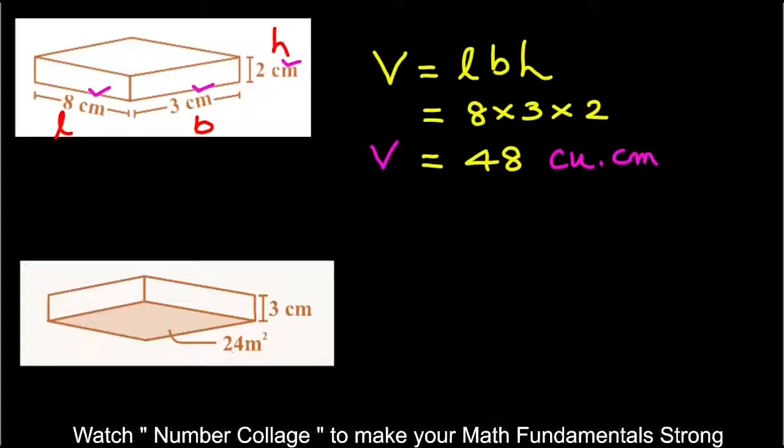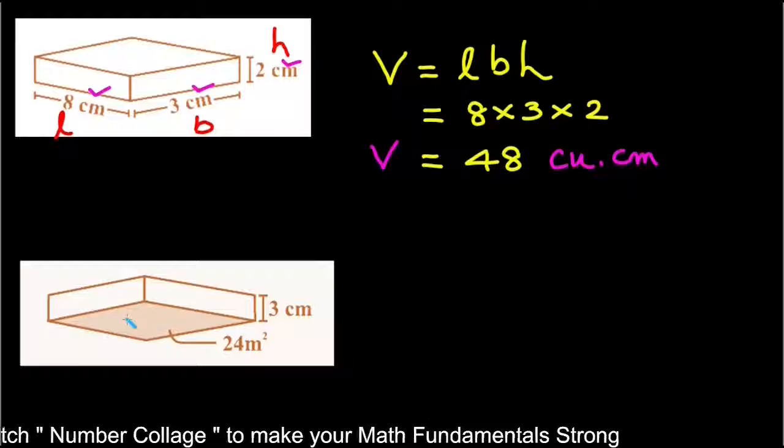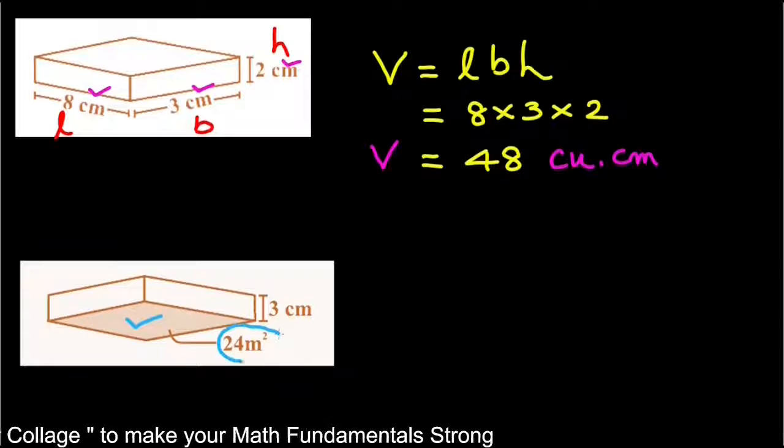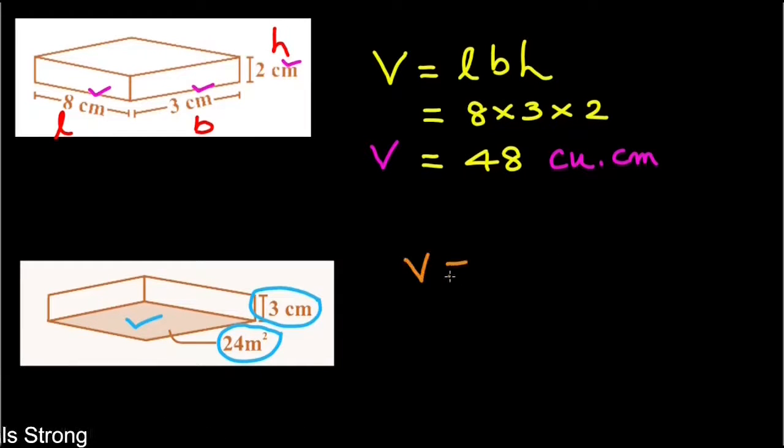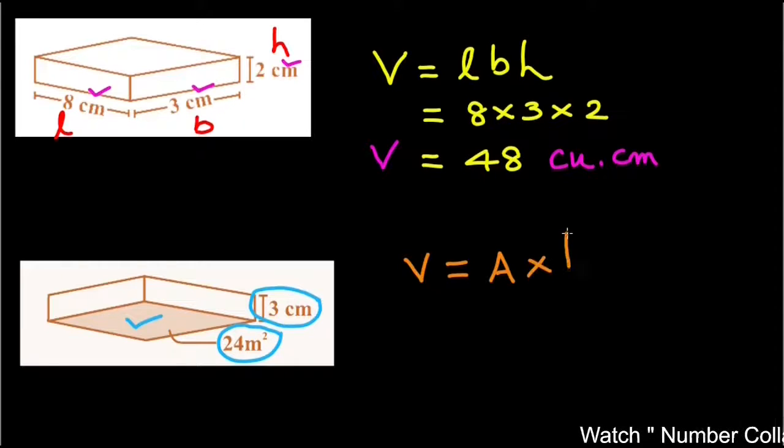Now let us find volume of this cuboid. The area of its bottom surface is 24 meter square and its height is 3 centimeter. So volume of this cuboid will be area of the bottom rectangle A multiplied by its height h.